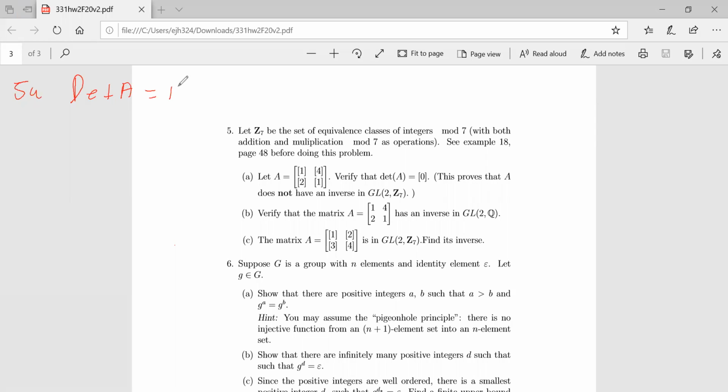So we get 1 times 1 plus 4 times 2, all mod 7, right? You get 8 here. Sorry, this should be minus. The determinant gives you minus. So 1 minus 8 mod 7 is going to be equal to 0. That should make sense to you guys.